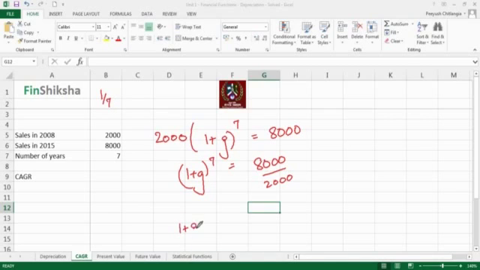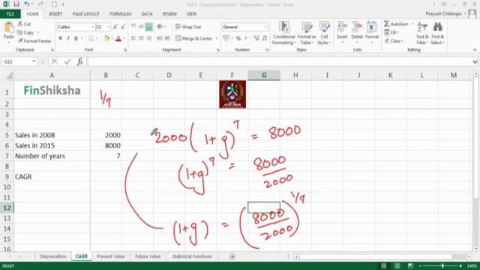So this becomes 1 plus G, and this becomes 8,000 divided by 2,000 raised to the power 1 by 7. Finally, G is equal to 8,000 divided by 2,000 raised to the power 1 by 7, minus 1, because I took the 1 to the other side, right?